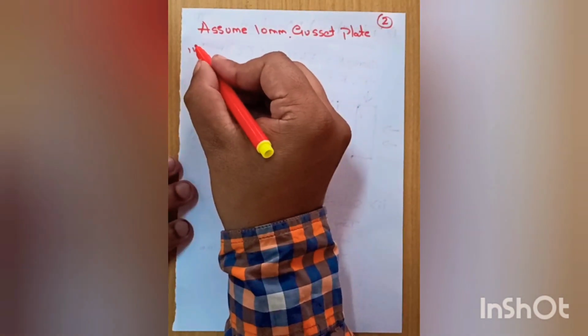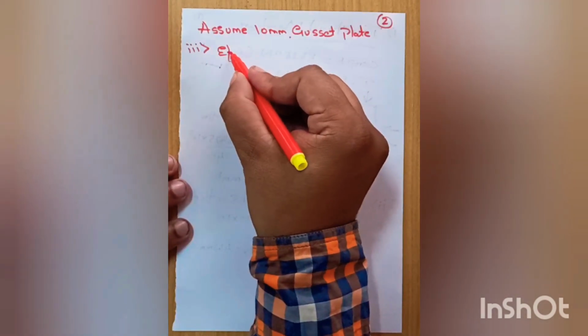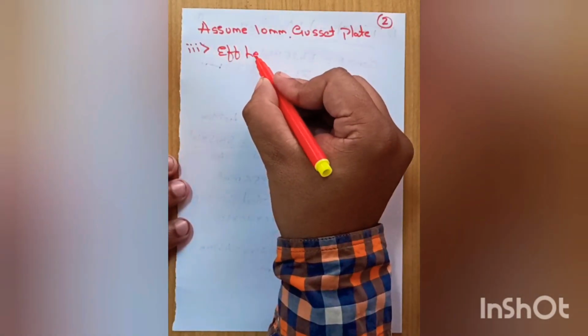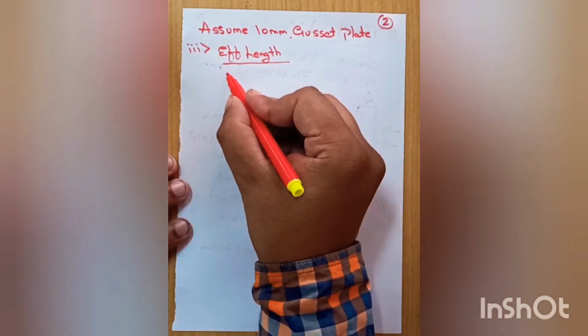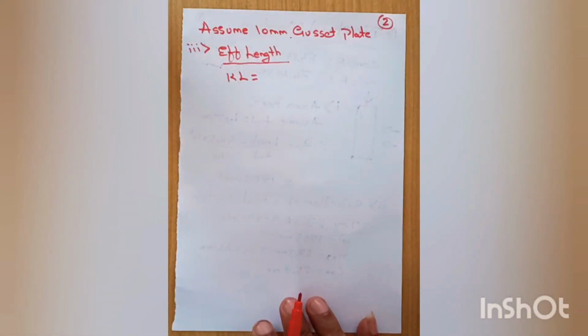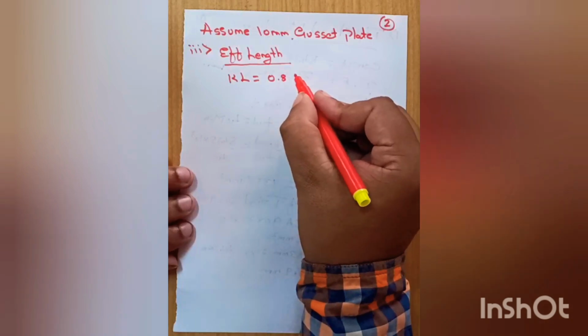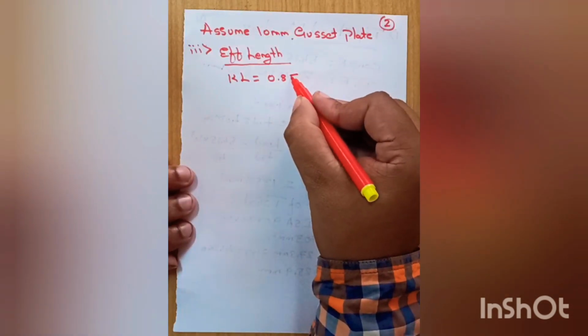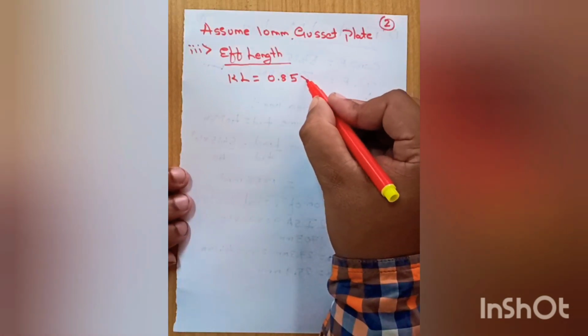So the next step, effective length. So KL as per IS 800, I will assume it to be 0.85 times of the length.